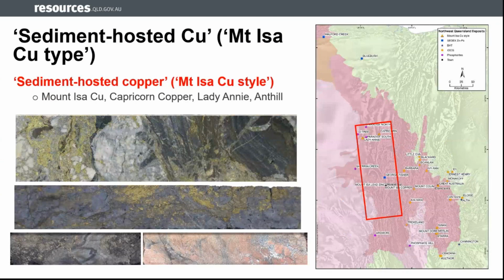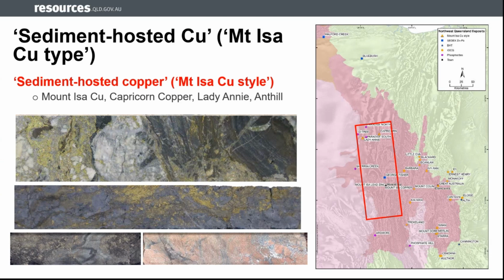Now we'll quickly depart from IOCGs and move into other mineral system types. The most significant one in the city of Mount Isa and in the western Mount Isa is so-called sediment-hosted copper. The purists in the academic world would cringe at calling them sediment-hosted copper, to a large extent because they're hosted by sedimentary rocks, but they are late epigenetic deposits almost universally.